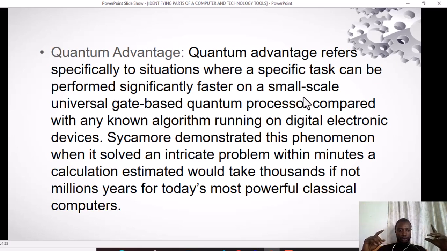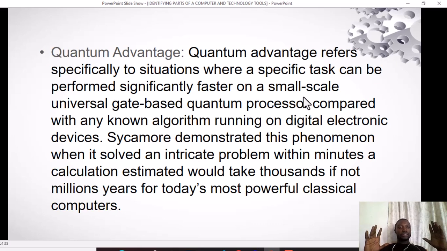Calculating this was estimated to take thousands, if not millions, of days for the most powerful classical computers. That's the difference when we take computational calculations with supercomputers, which are very powerful and can solve trillions of calculations within a second.